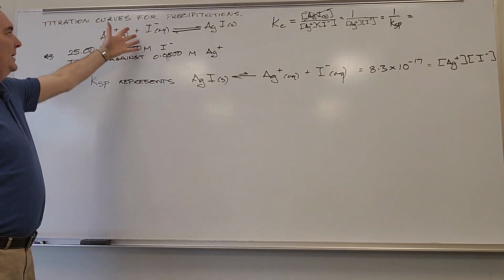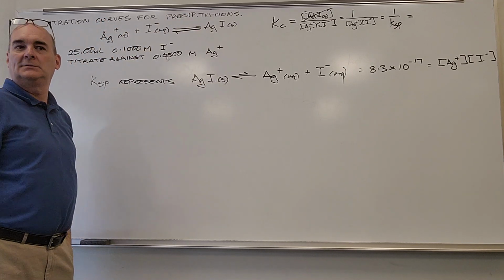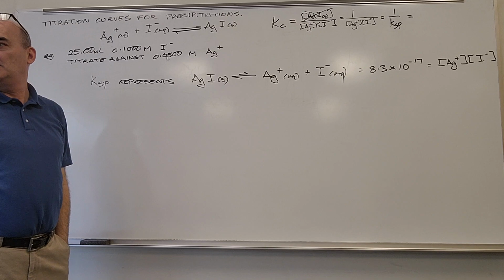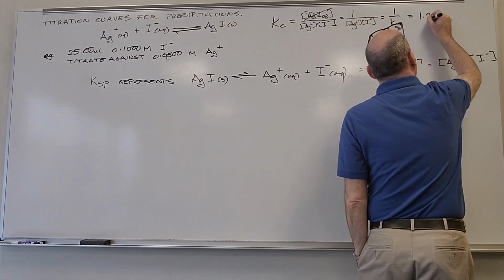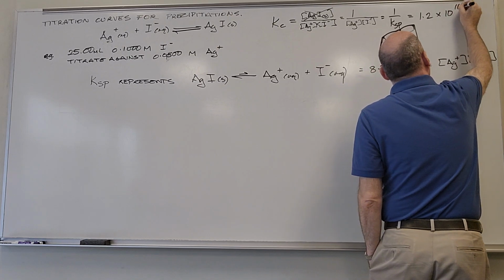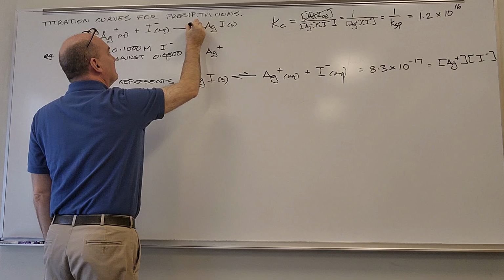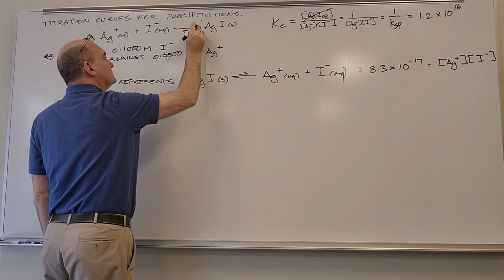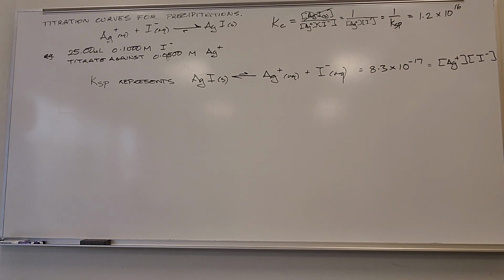So when I write my reaction that way, I have the inverse, which is 1.2 times 10 to the 16. Which means this is very, very far to the right. Okay. All right. Good.